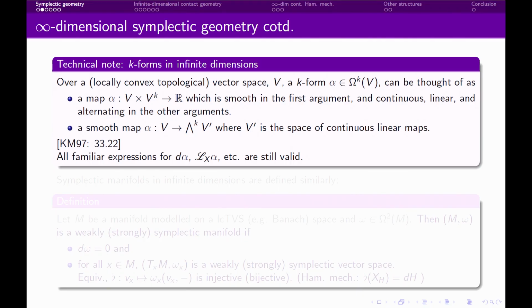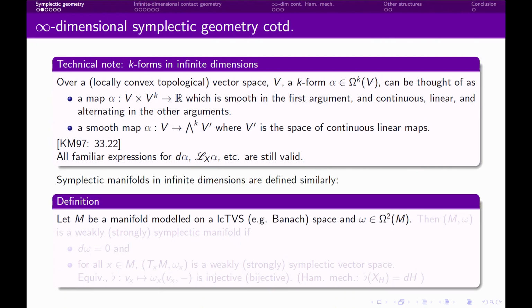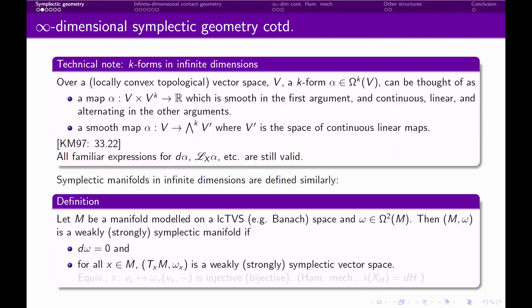So we can take exterior derivatives, interior products, Fréchet derivatives, et cetera. In particular, we have symplectic manifolds where we take a 2-form which is closed, and as long as every tangent space is a weakly or strongly symplectic vector space, then we call it a weakly or strongly symplectic manifold.